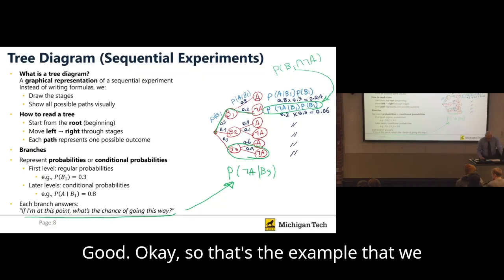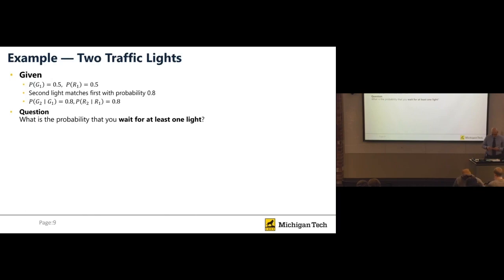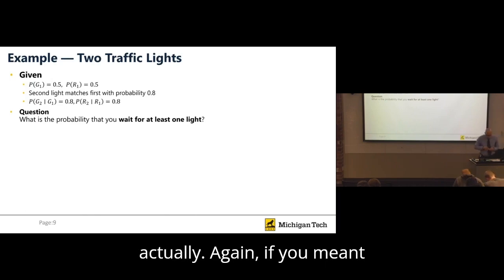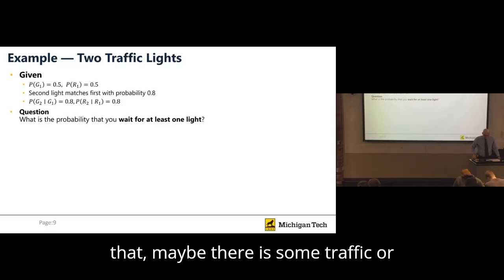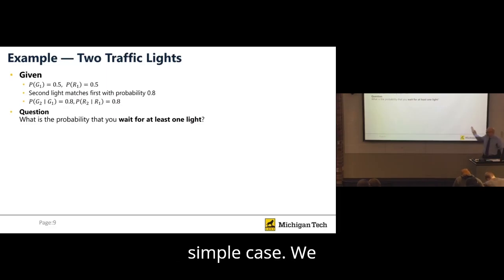Good. Okay, so that's the example that we were making for. Traffic light. Okay, traffic light is a good example actually. We can implement that later in some traffic simulation or something. But here is a very simple case. We are saying there is a kind of intersection.